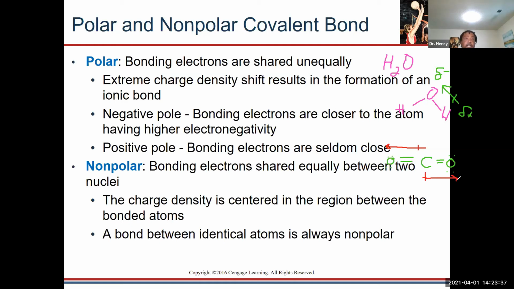So there's no polarity to the molecule. As a molecule, as the whole thing, this would have no polarity. So it would be non-polar, where the bond polarity would be polar.